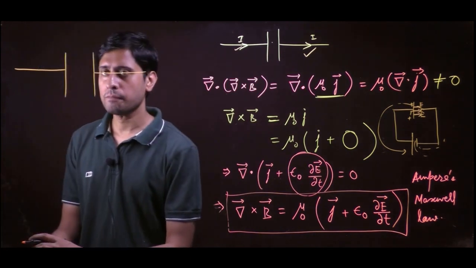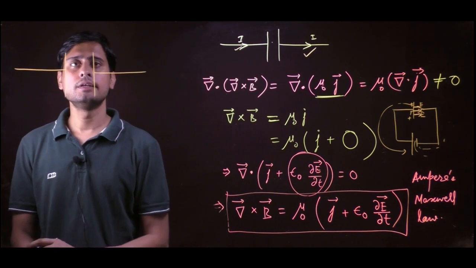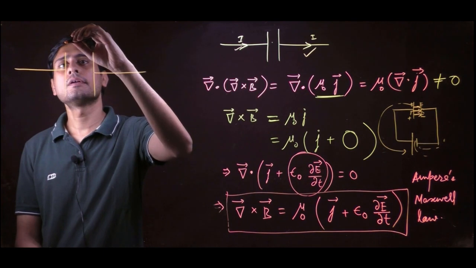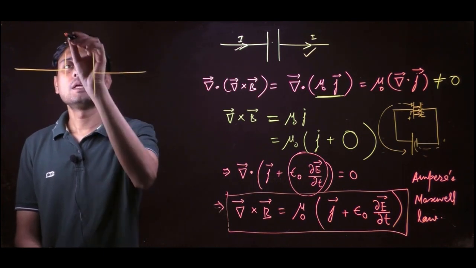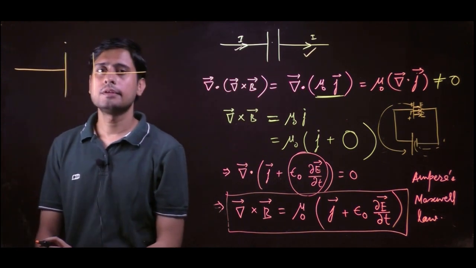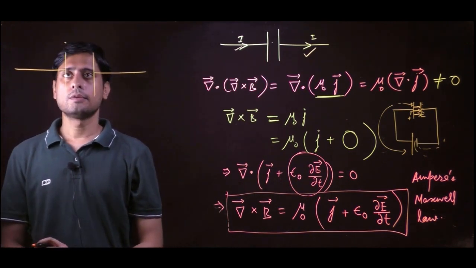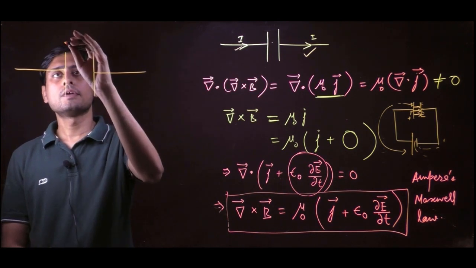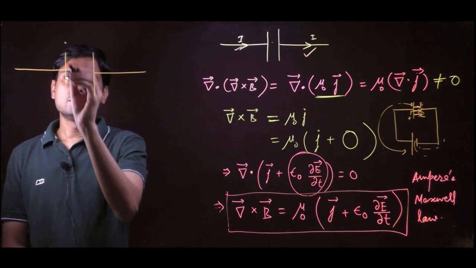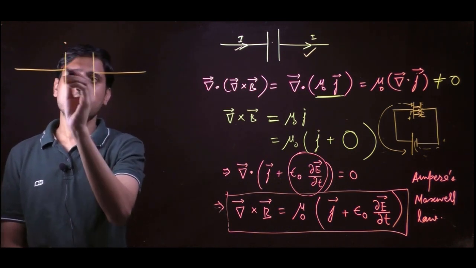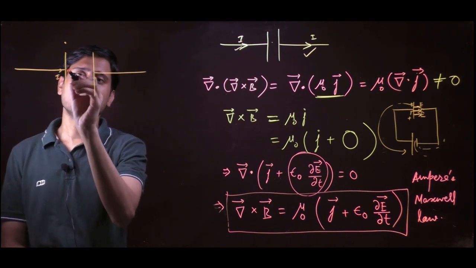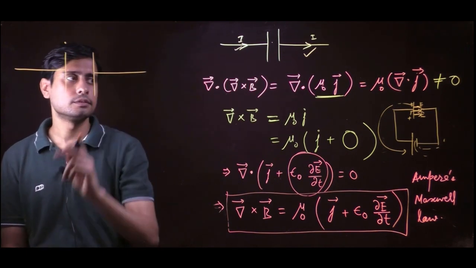If you calculate the magnetic field at a point just above or anywhere on this plate, it will give you the same result. Suppose we want to calculate the magnetic field at this point. Just before this point you have a current, but just after this point you have no current in this region.